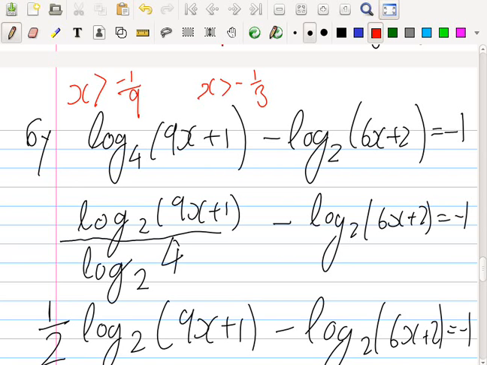So if you look at the answer at the back, you see how I give you the two answers, but I also say x is more than minus 1 over 9. This is because in the exam it's very common that they split the question into two parts.